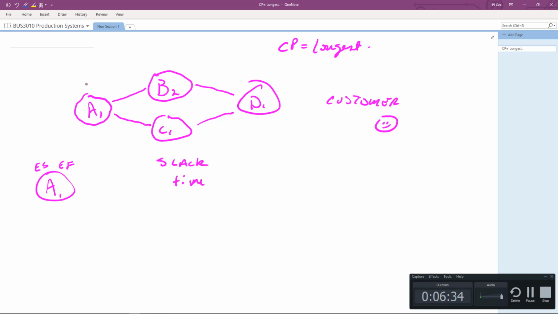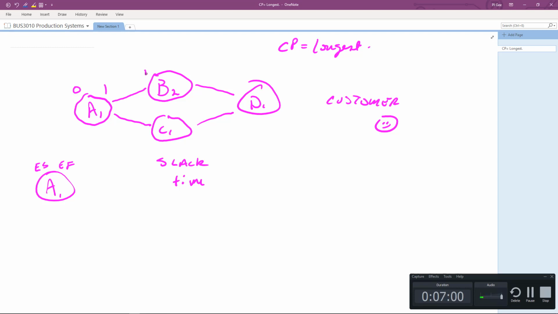So the way that we start here is we start in time, and this is by weeks: 1 week, 2 weeks, 1 week, 1 week. We start with 0 time and we add 1 week. So A1 takes 1 week to get through there. The early finish becomes the early start of any subsequent activities.